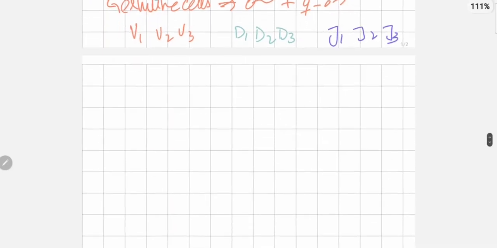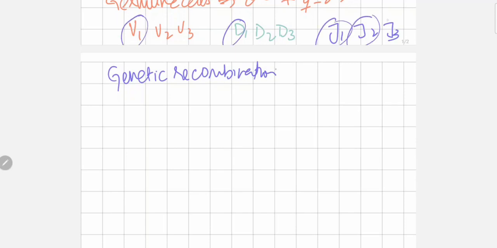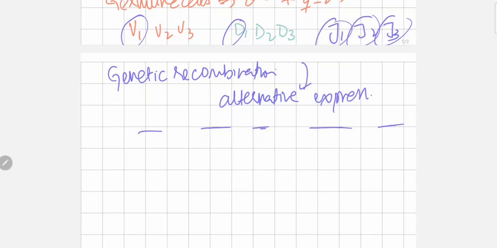So during crossing over or genetic recombination, these genes will alternatively express and form different types of immunoglobulins.